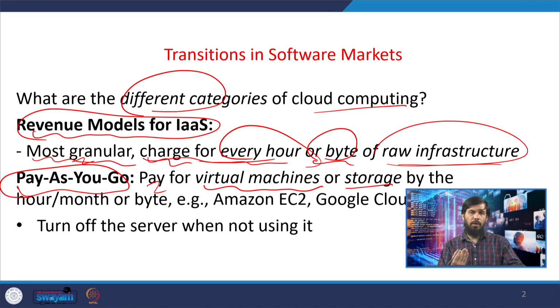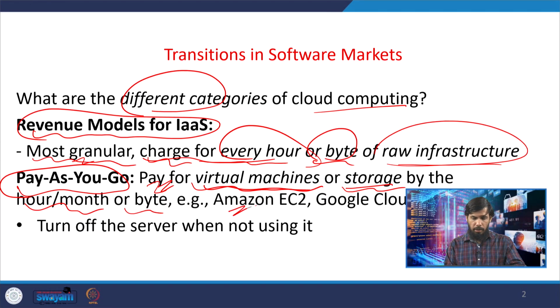So, you will have to pick the kind of virtual machine that you need for your software, and then similarly you will have to pick the kind of storage that you need for your software, and accordingly you will have to pick the plan. But the plan more often than not would be based on hour and byte and all that, a combination of that. So, pay for virtual machines or storage by the hour, month or byte, right.